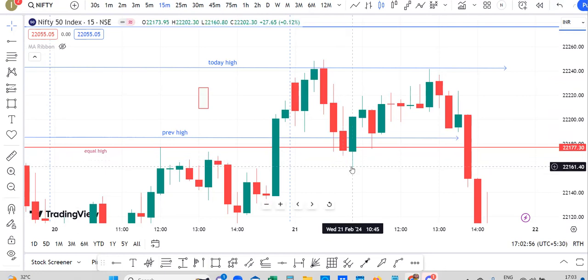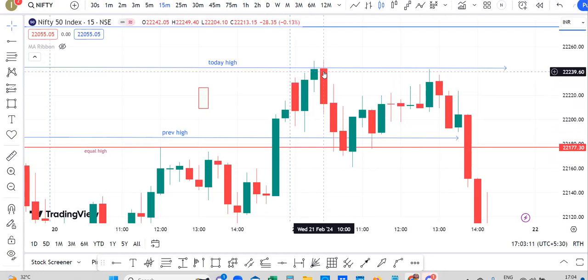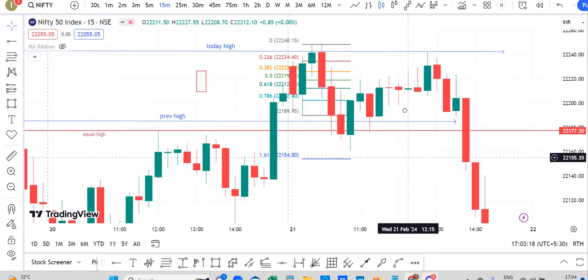Around 10:45, there was a reversal from here. The reversal was not very good. If you see the reversal, I made out that this was a correction. It was going to happen.